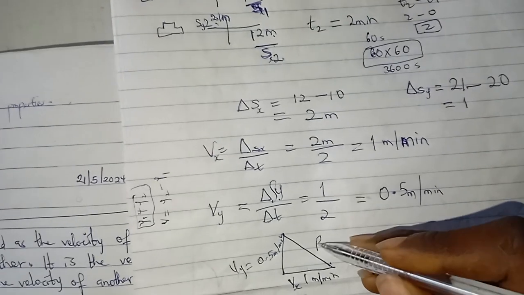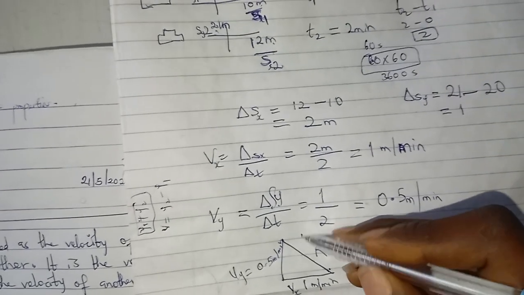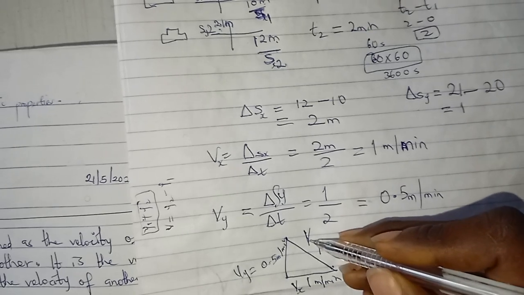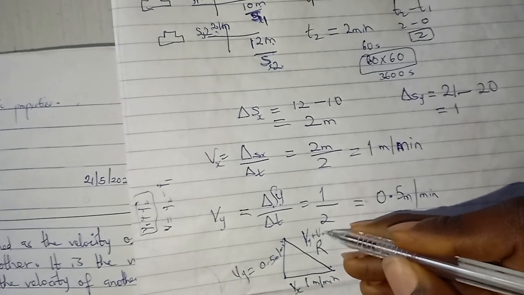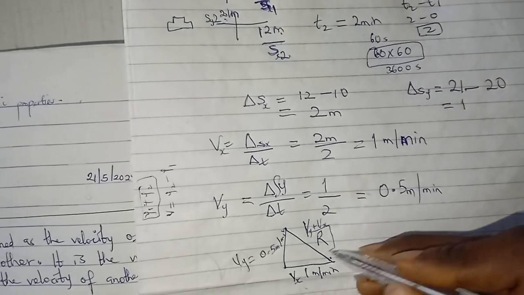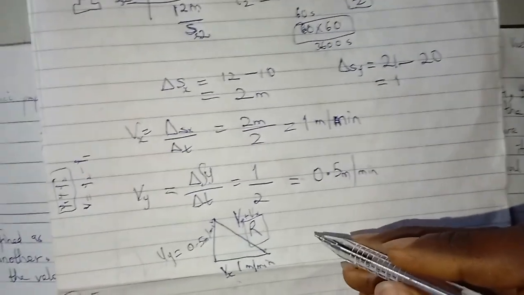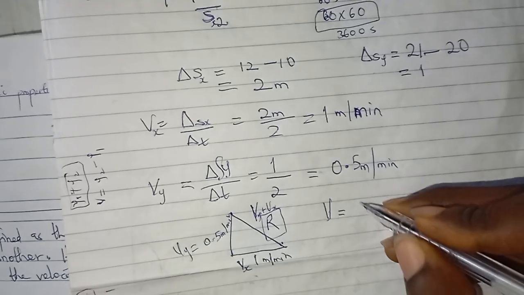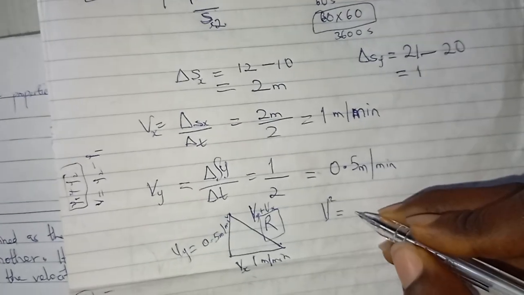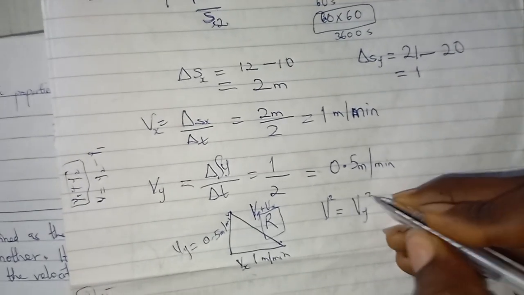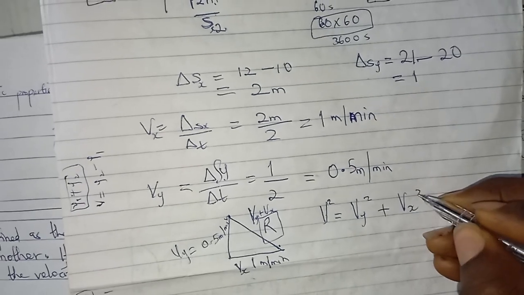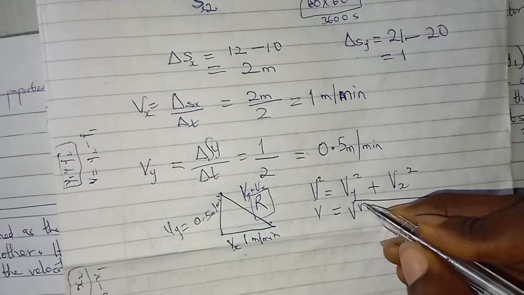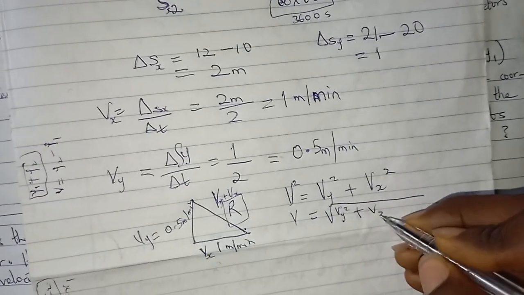So the resultant, that is the total V, that's the resultant, or you call it magnitude. That is what we want to get. And this is a right angle, so we'll simply do V square equals Vy square plus Vx square. V is equal to the magnitude of Vy square plus Vx square.